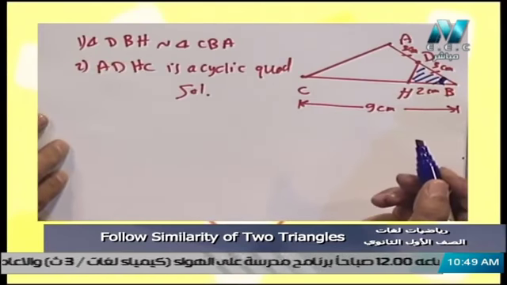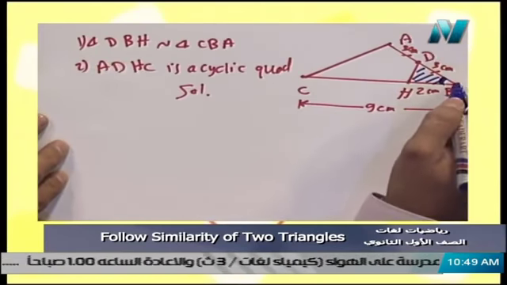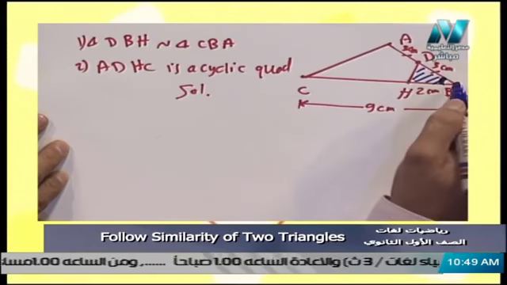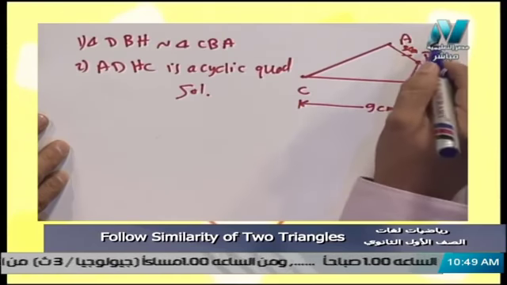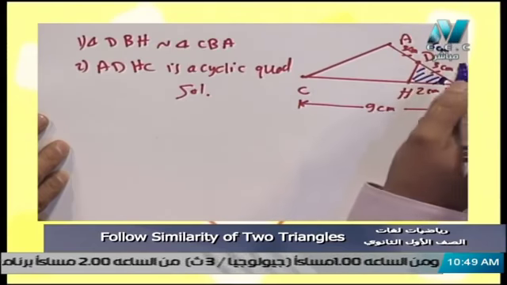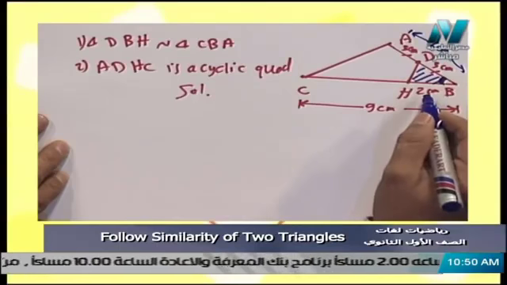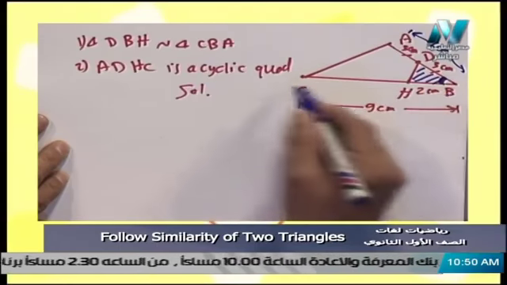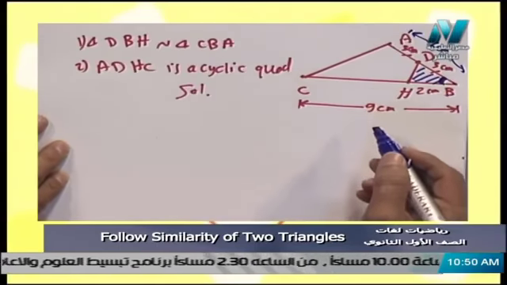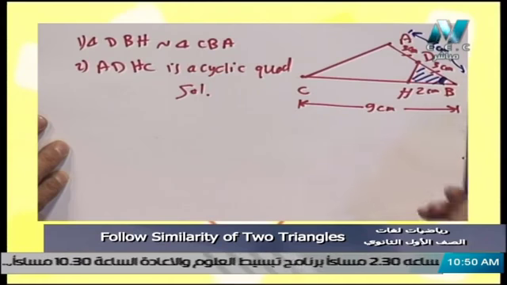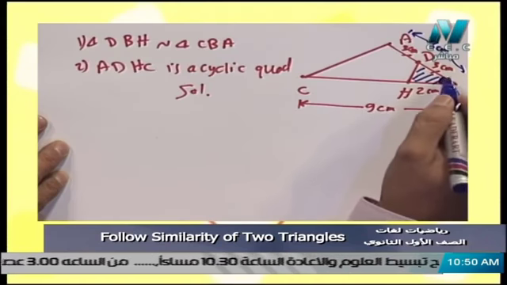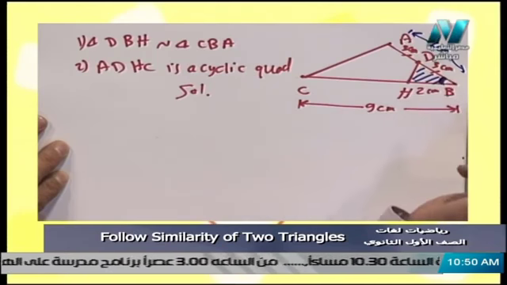And look carefully at BD and BA. BA here equals 6 centimeters, the whole side, and BH is equal to 2 centimeters, and the whole side BC equals 9 centimeters. Someone says, what about this? Is it an included angle? Yes, of course.